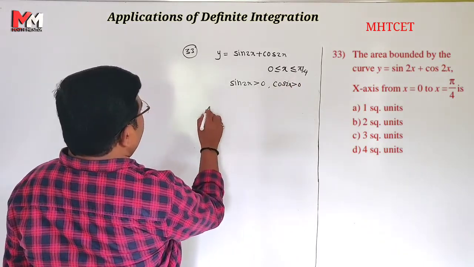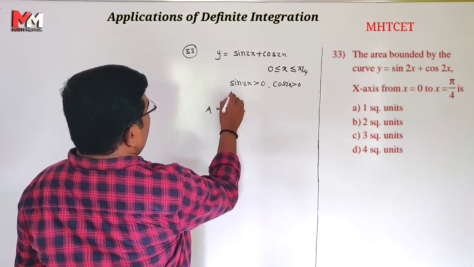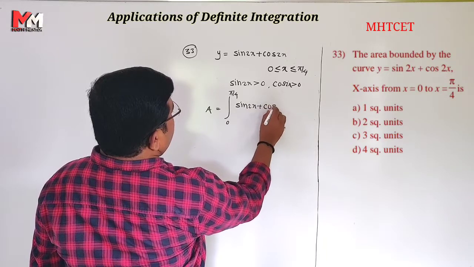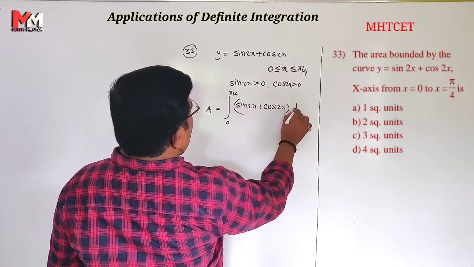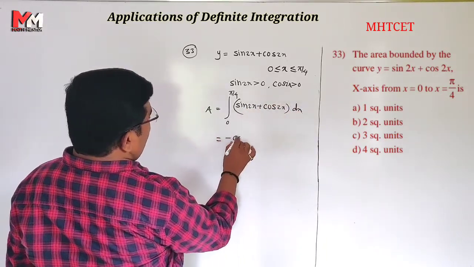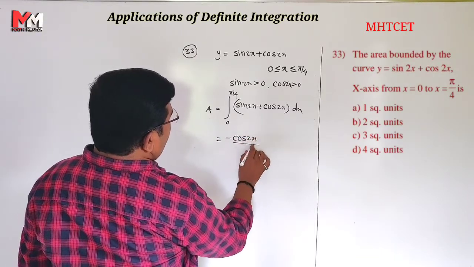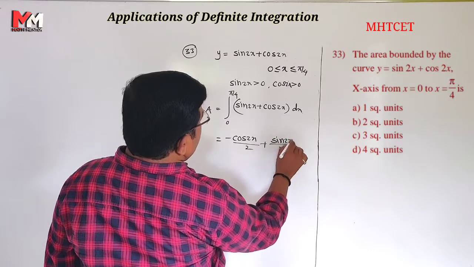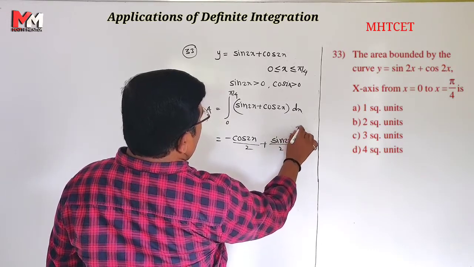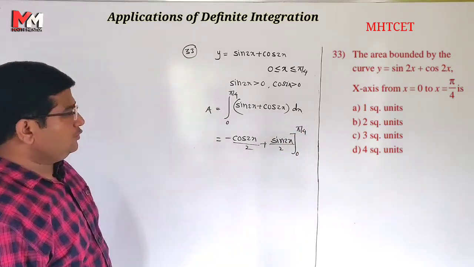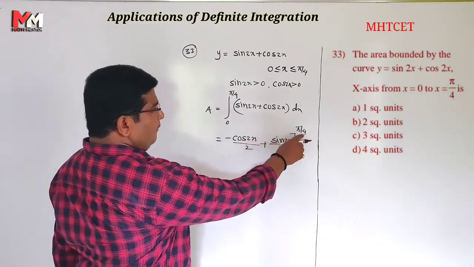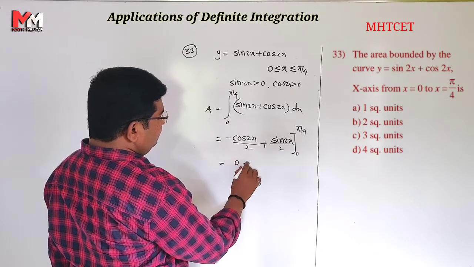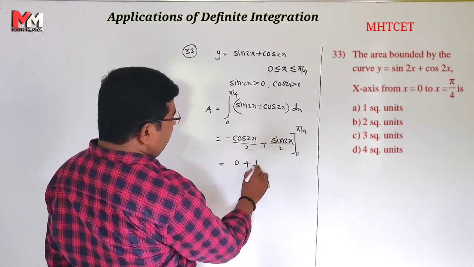So the required area is the integration from 0 to pi by 4 of sin 2x plus cos 2x. Integration of sin 2x is minus cos 2x by 2, integration of cos 2x is sin 2x by 2, from 0 to pi by 4. So 2x with x as pi by 4 becomes pi by 2: cos 90 is 0 by 2, sin 90 is 1.